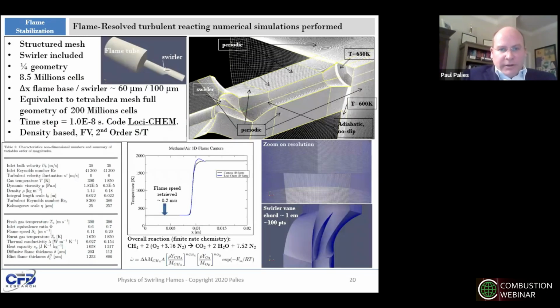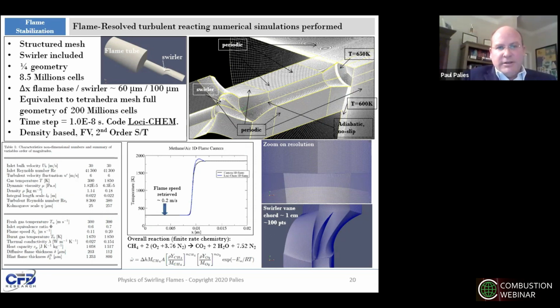So now I'm going to present a couple of results from numerical simulation where I start to explore the description of the stabilization mechanism I was referring to, the flame surface speed budget, on data. So let's present a little bit the simulation and the mesh and the chemistry that were used to explore this data.